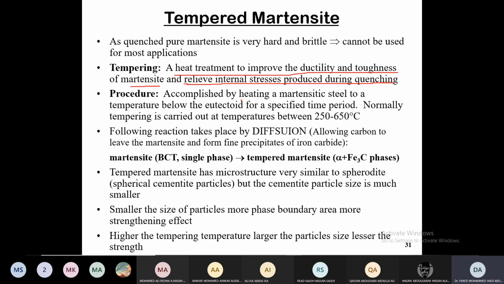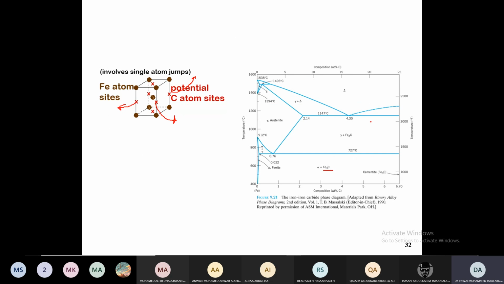Tempering procedure is accomplished by heating the steel to a temperature below the eutectoid temperature for a specific time, and that time also influences the tempering, the behavior of the material. Normally, the tempering is done between 250 to 650 degrees centigrade.